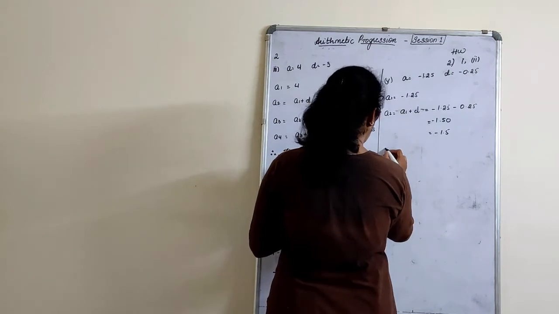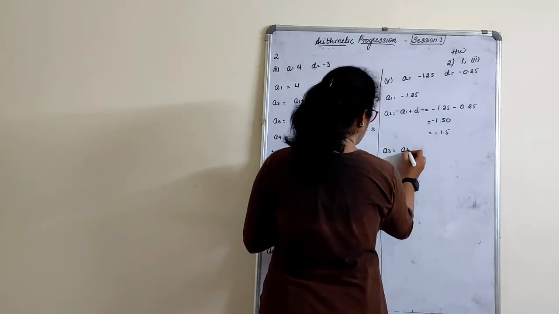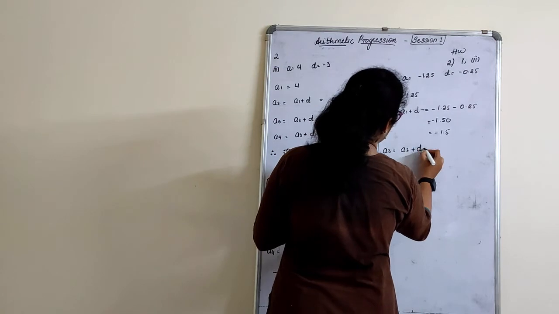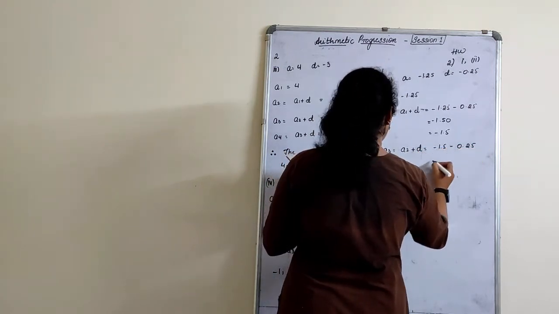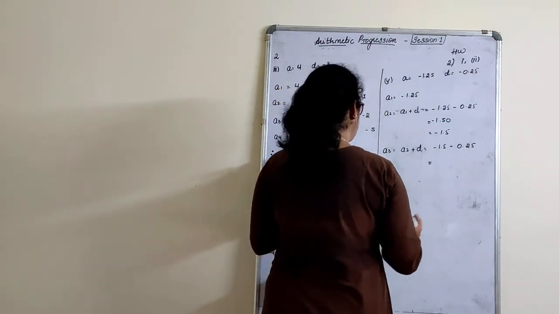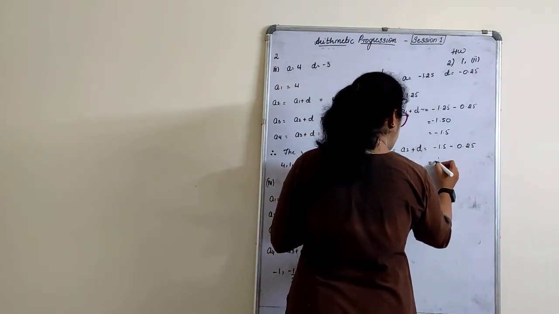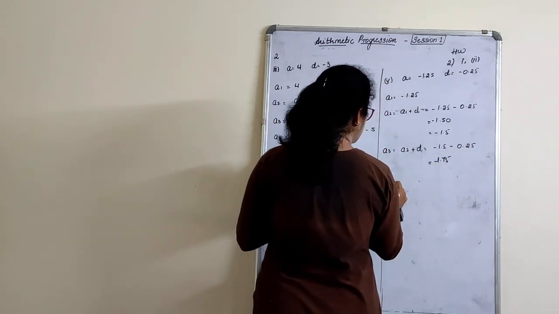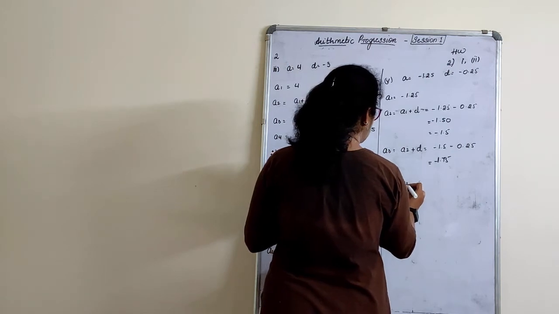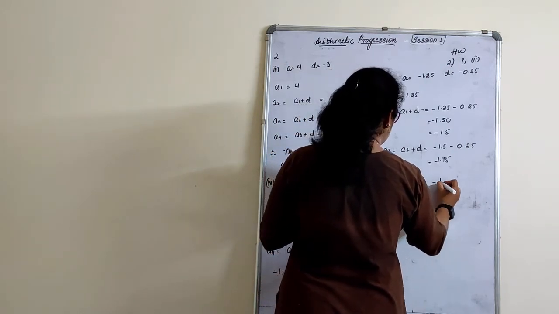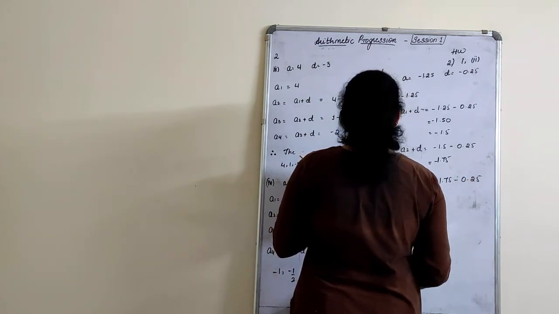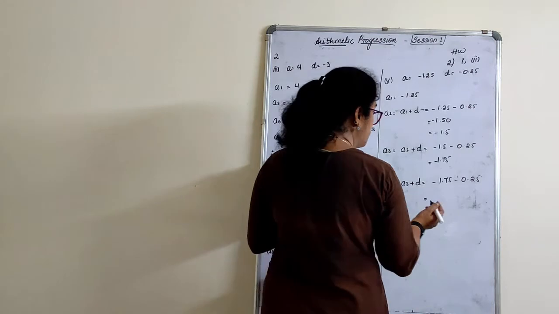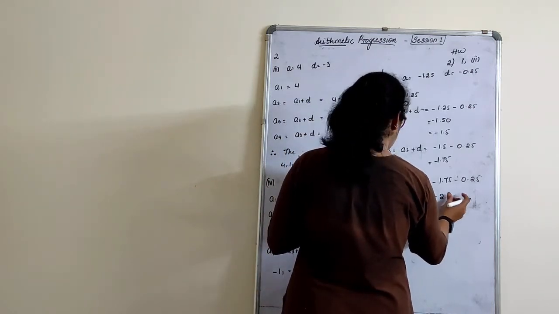Next, third term is equal to a2 plus d. What is a2? -1.5 minus 0.25. So -1.5 and -0.25 you get -1.75. Last, a4 is equal to a3 plus d. -1.75 minus 0.25, you get -2.